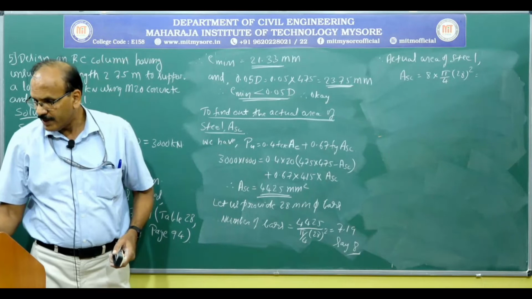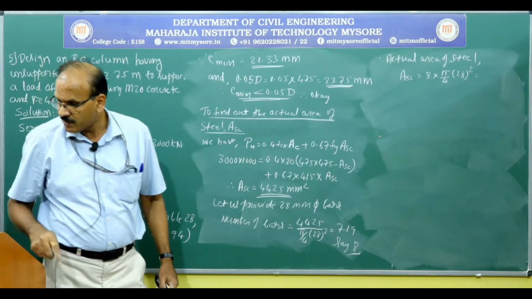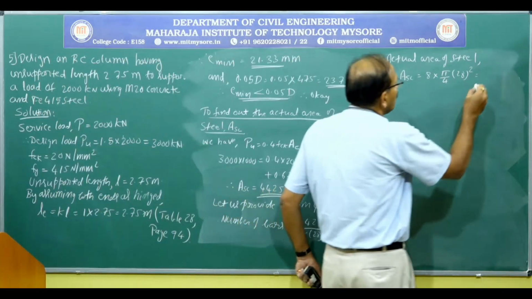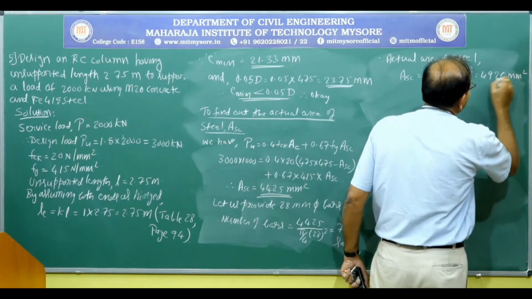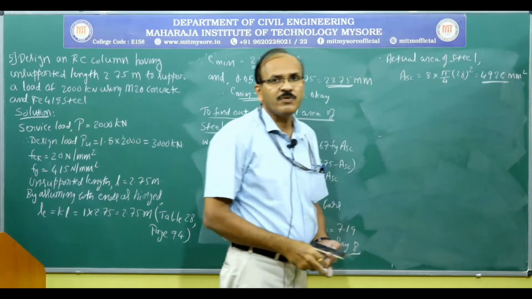So that is 4926 millimeter square. That is the actual area of steel provided.